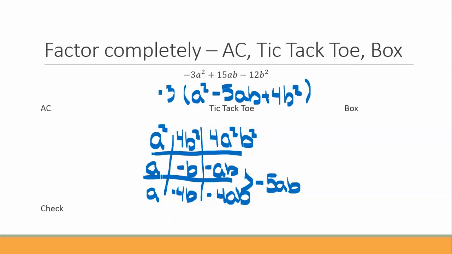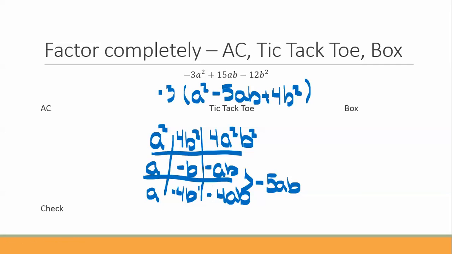Let's double check and make sure everything multiplies. A times a is a squared. Minus 4b times minus b is 4b squared. Minus 4b times minus ab is positive 4a squared b squared. A times minus b is minus ab, and a times minus 4b is minus 4ab.